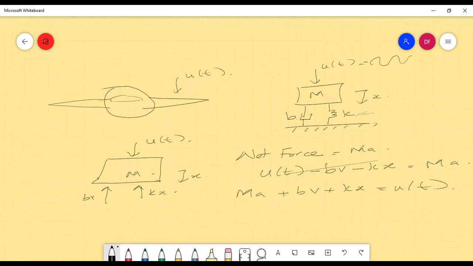You may not be able to change b, but you can also change m. And by changing these constants, the solution of the differential equation will be different.